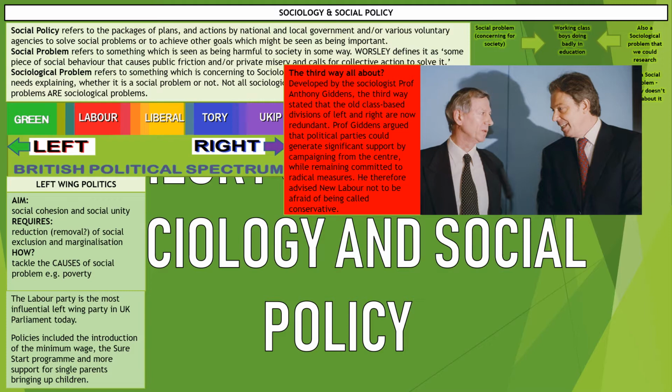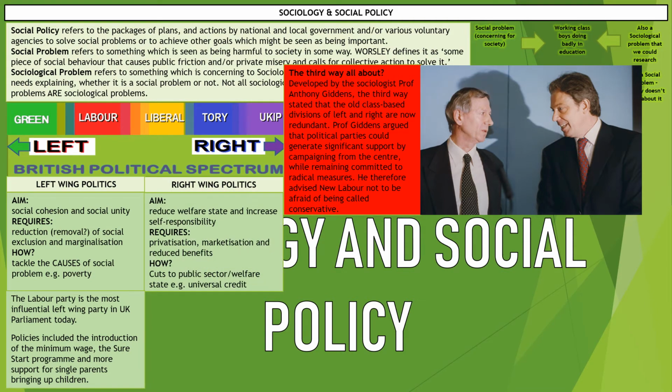So he advised New Labour not to be afraid of being called conservative or being seen as centralist, because this is the way to gain power, to then be able to engage in your left or right-leaning voting policy. We could probably see the same thing with Keir Starmer and Labour currently.